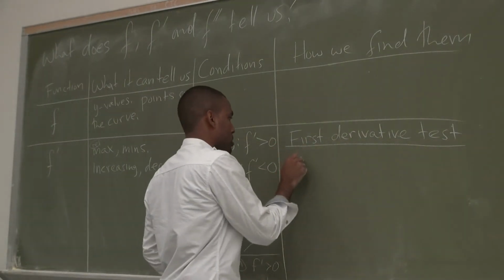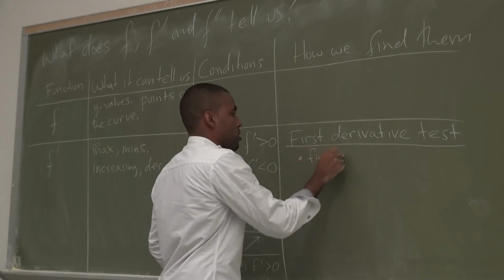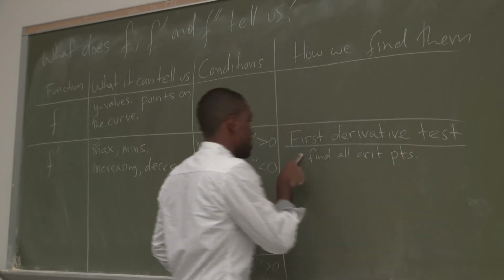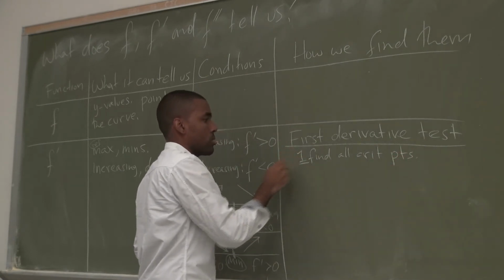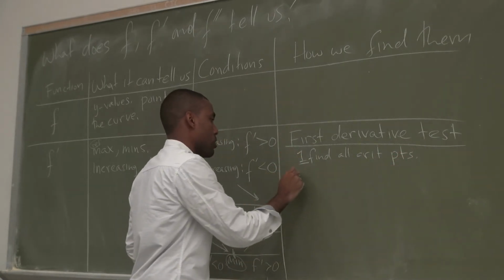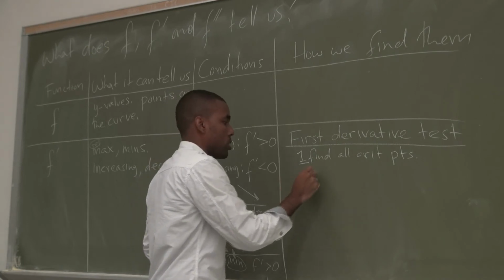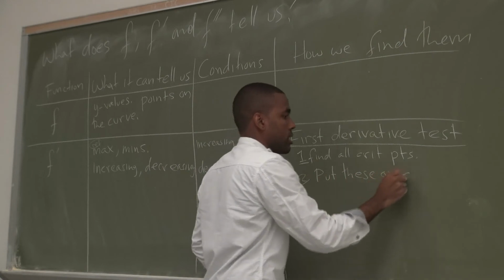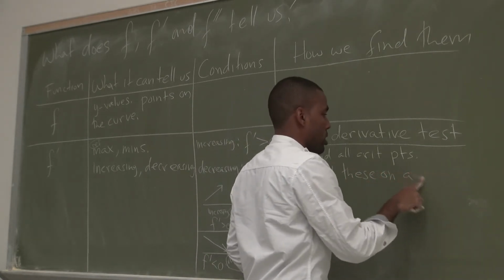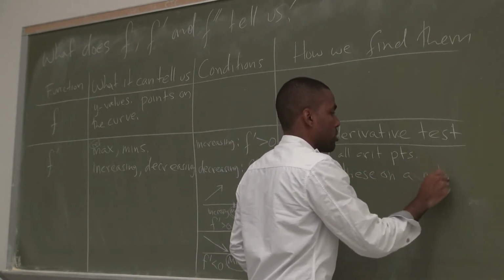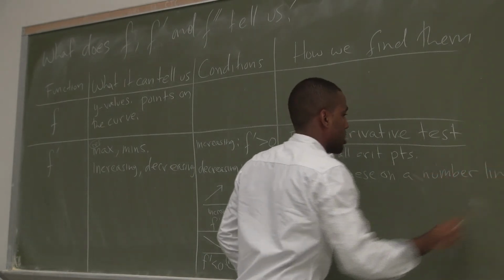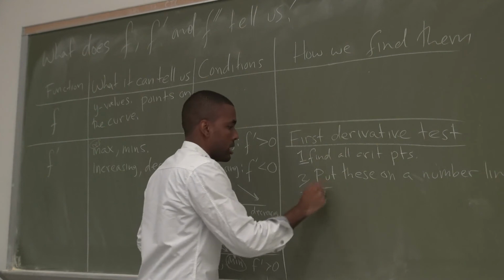Here's the test. Find all critical points. That's step one. 2. Put these on a number line. 3.